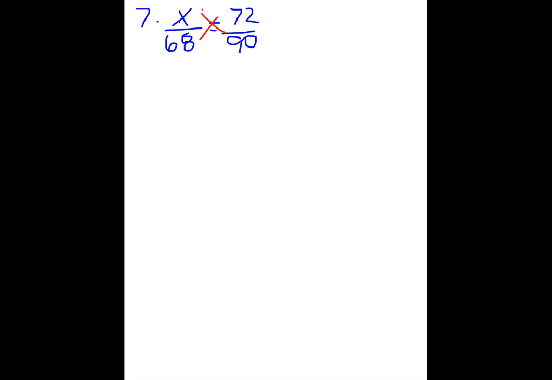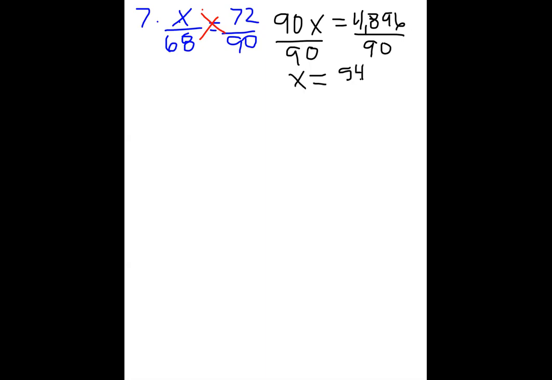X times 90 is 90x, is equal to 68 times 72, which is 4,896. Divide by 90. X is equal to 54.4.